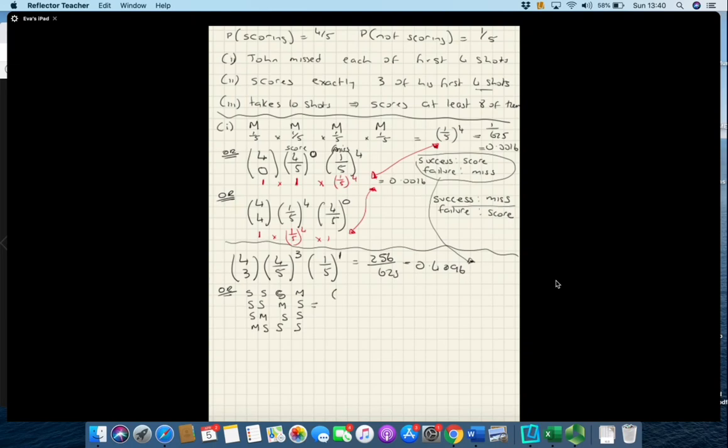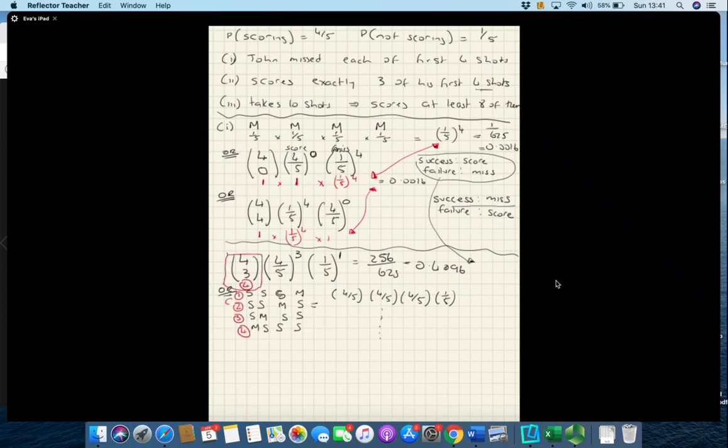So each of these is 4/5, 4/5, 4/5 by a 5th, and I have 4 of them, all in different orders. So 4 choose 3, if you put that into your calculator, you will get the number 4, and that makes sense because I have 1, 2, 3, 4 different ways of doing it.